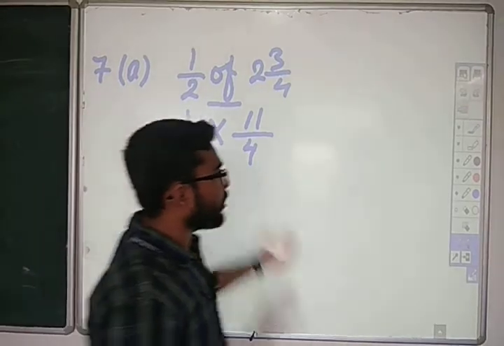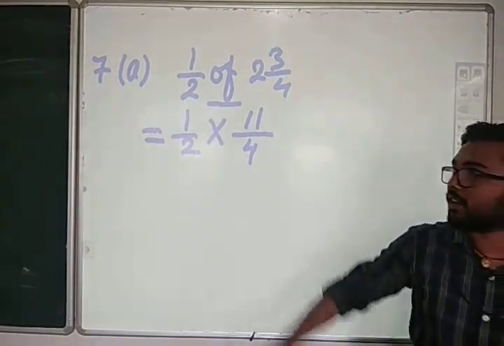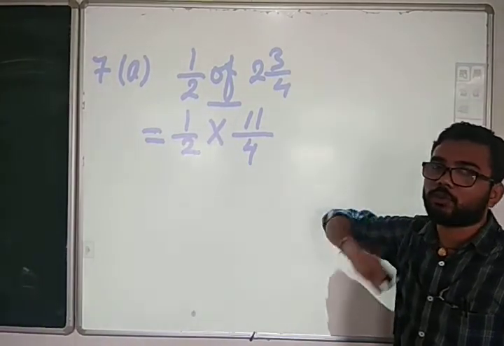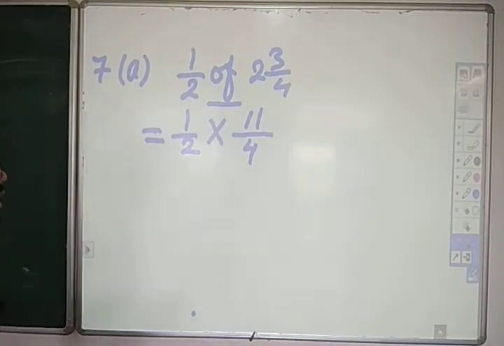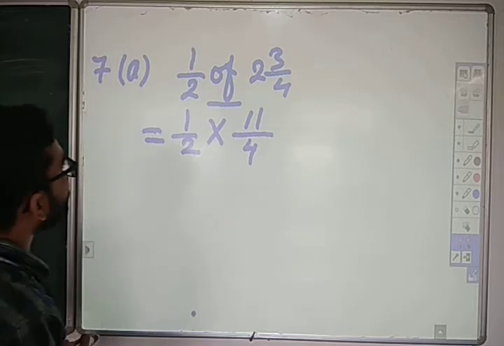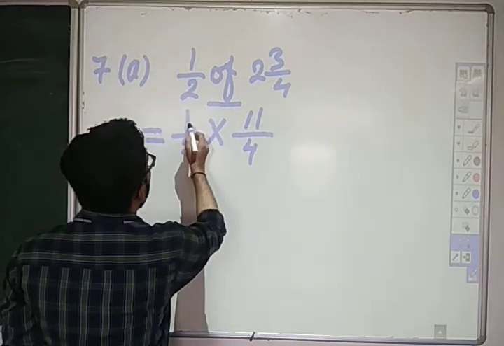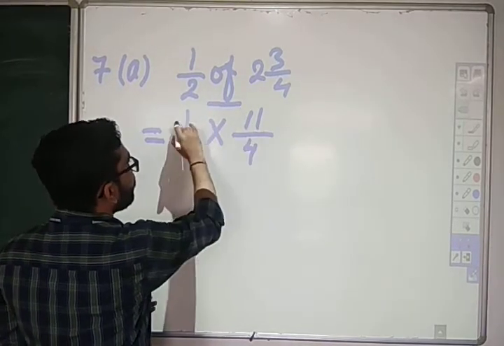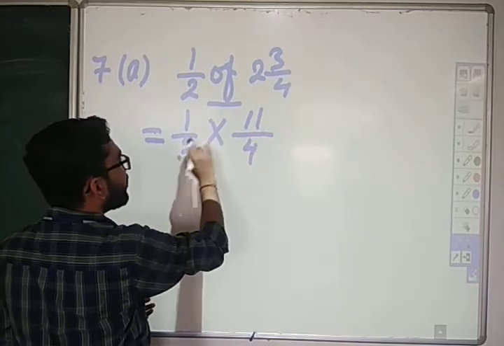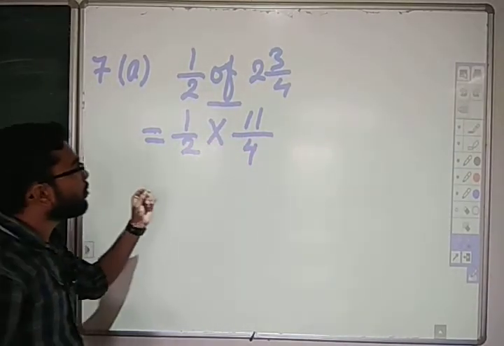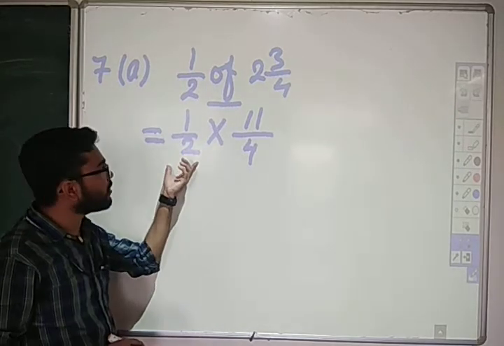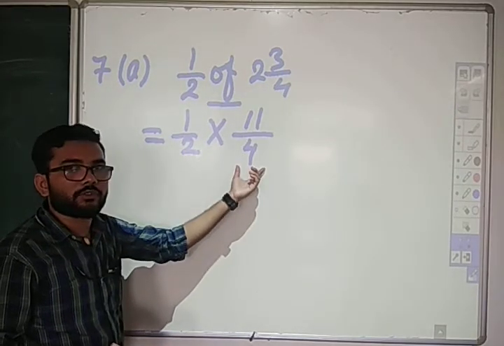Here, what will you do when a fraction is multiplied by a fraction? You just multiply the numerator with numerator and denominator with denominator. Listen very carefully. When you need to multiply fractions, this is a fraction and this is also a fraction.